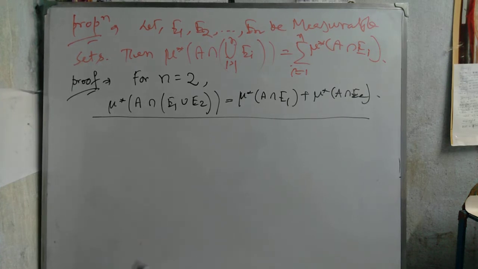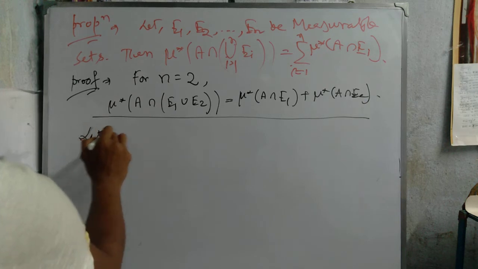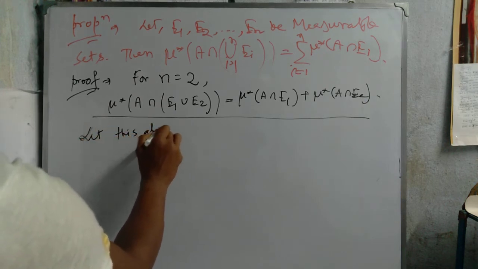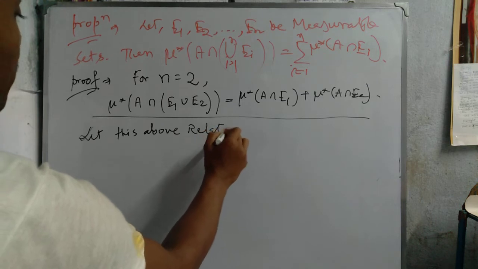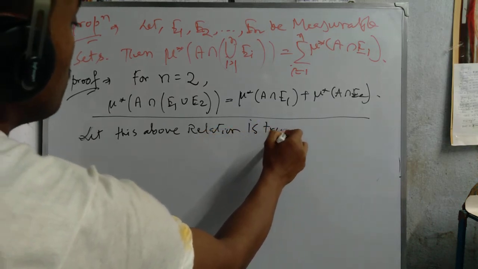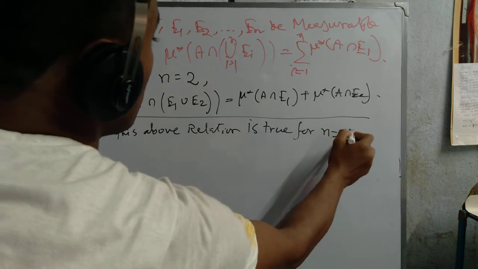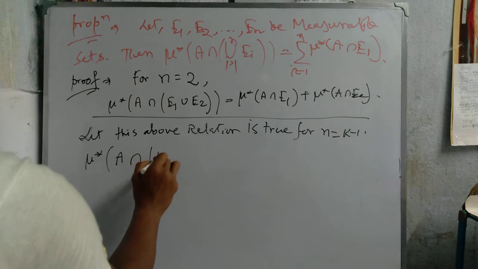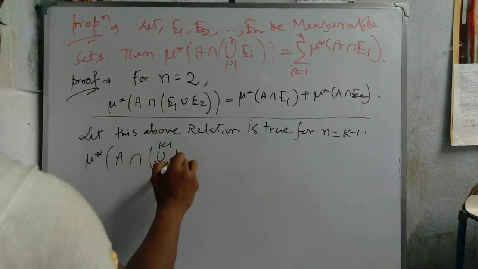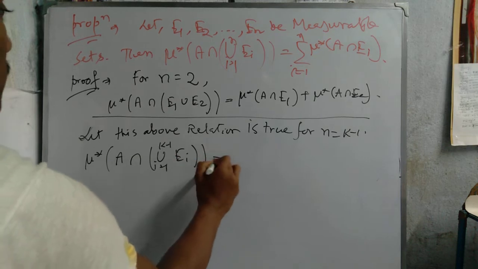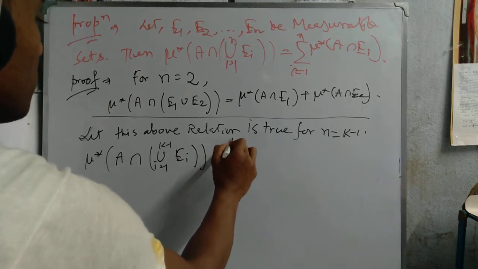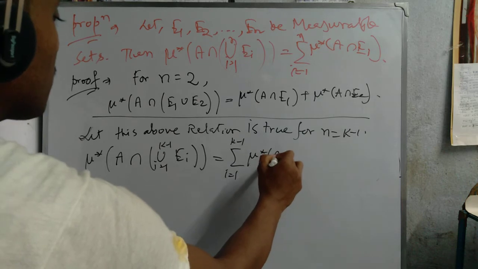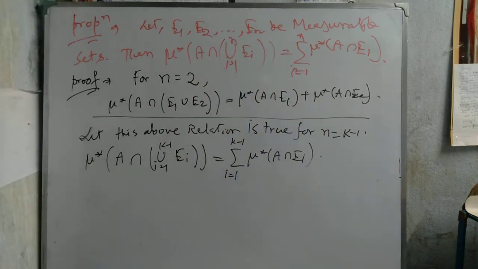So we write here: let the above relation be true for n equal to k minus 1. Then we write the union over i equal to 1 to k minus 1 of Ei, and the summation over i equal to 1 to k minus 1 of mu star of A intersection Ei. Then what do we have to prove?